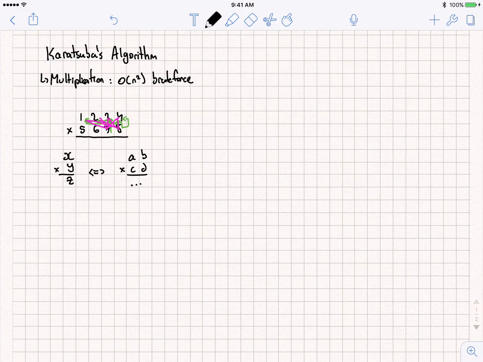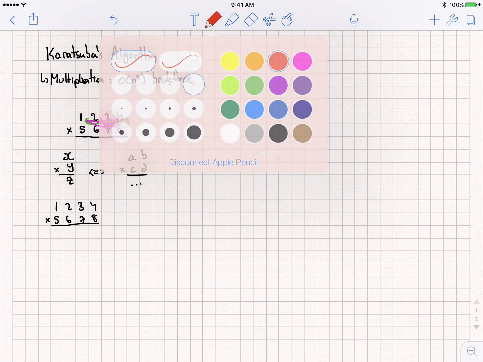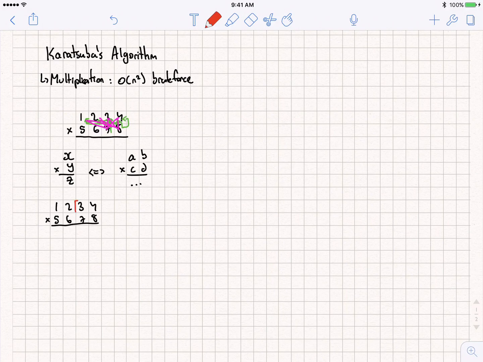For example, we could have this instance of 1, 2, 3, 4 times 5, 6, 7, 8. We had x is 1, 2, 3, 4, and y is 5, 6, 7, 8, and we're going to split them up into these little boxes over here.